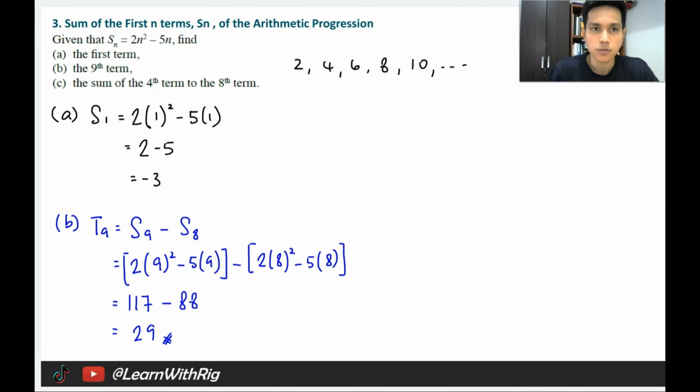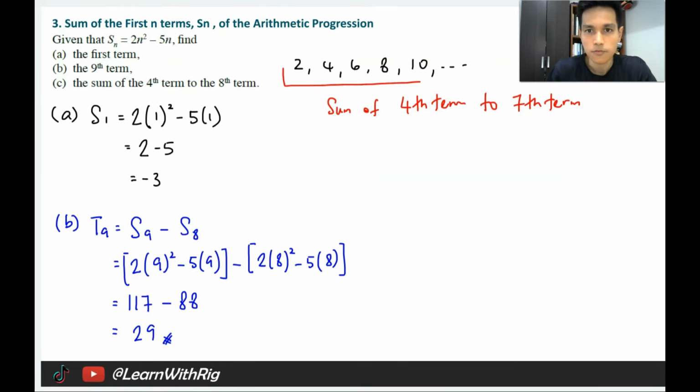If I am asking you, can you find for me the sum of the 4th term to the 7th term? So for you to solve this, what you can do is find the sum of, let's say, 2, 4, 6, 8, 10, 12, 14, which is 1, 2, 3, 4, 5, 6, 7.